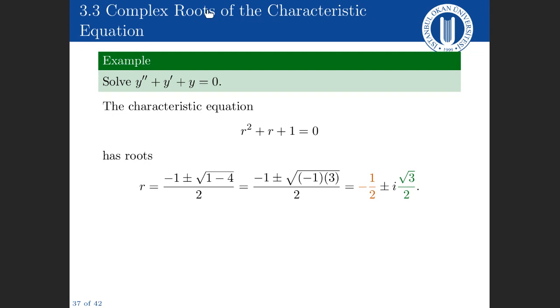And we calculate the roots of this characteristic equation. Using the formula, that's minus 1 plus or minus the square root of 1 minus 4, divided by 2. 1 minus 4 is equal to minus 3, which I can write in the form minus 1 multiplied by 3.